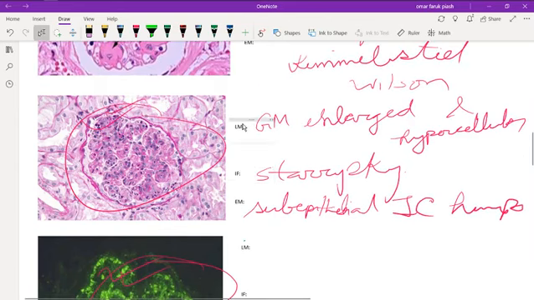So in PSGN, the glomeruli are enlarged and hypercellular. On immunofluorescence, there is a starry sky appearance, and on electron microscopy, there are subepithelial immune complex humps.